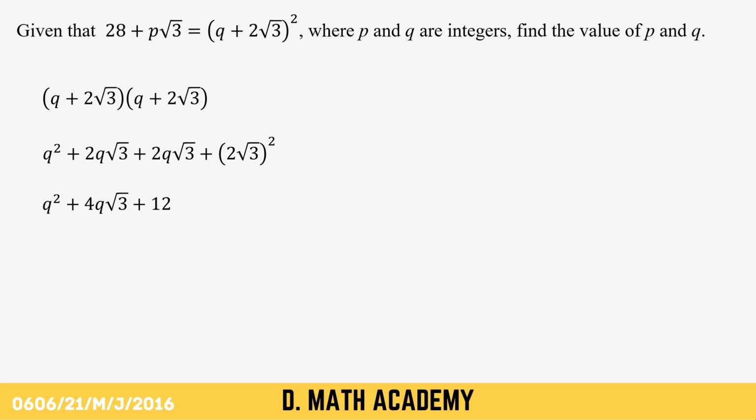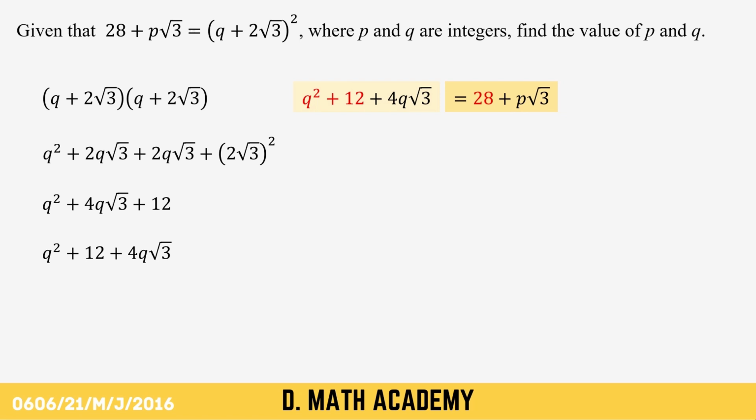By doing so, I rearrange it: those without square root 3, I put at the front, and those with square root 3, which is 4q square root 3, I put at the back. So I know that my q squared plus 12 is being compared to 28, and my 4q square root 3 is being compared to p square root 3.